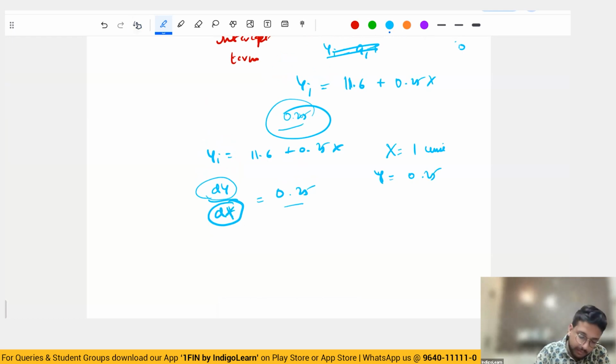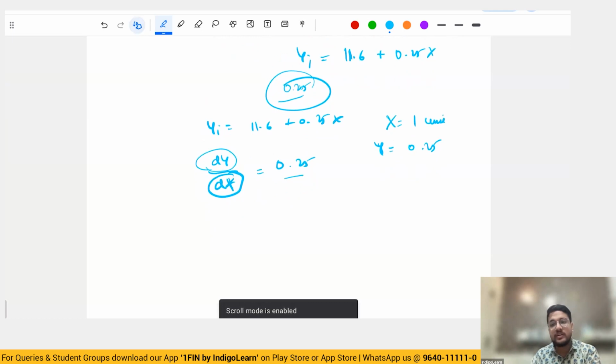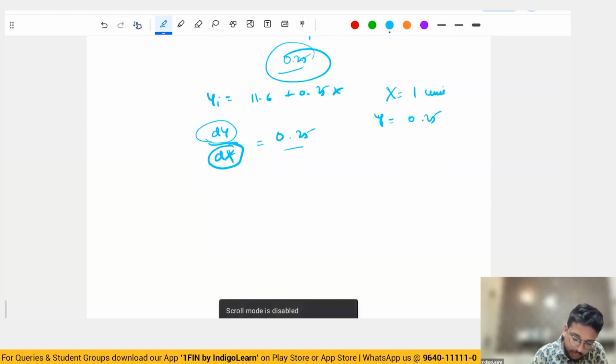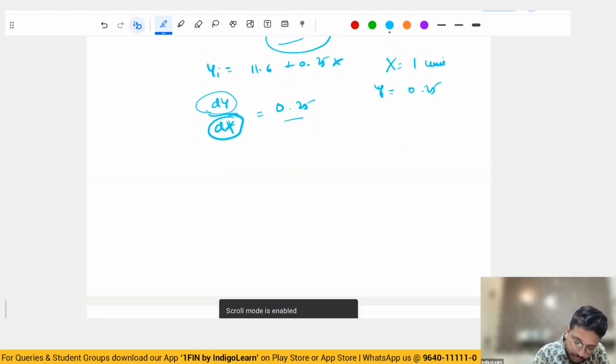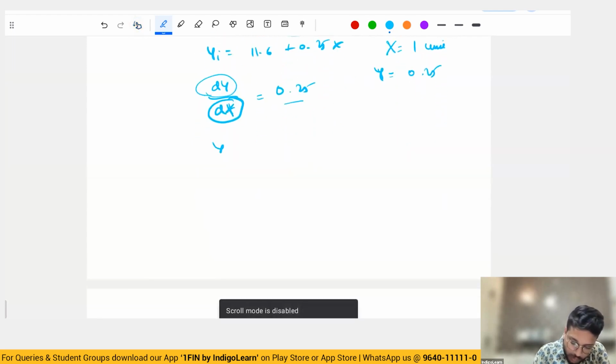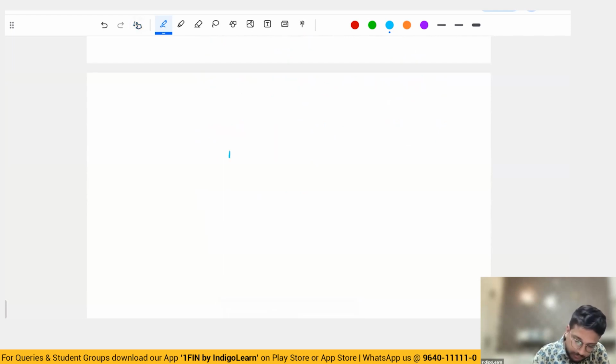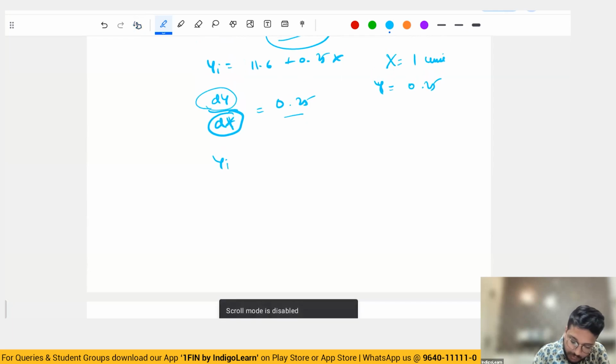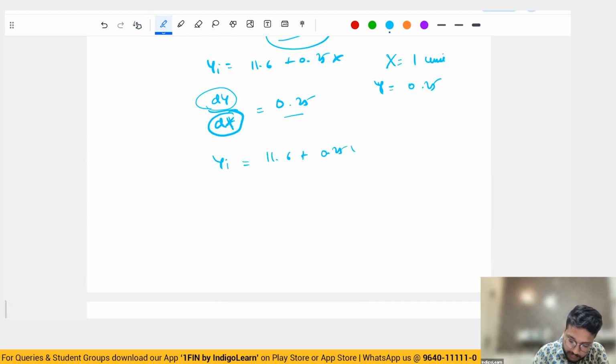Let's see how it is happening. Let's take some values of x, let's take 1 and 2. Do you have a calculator handy with you? Okay. I want you to do a few calculations for me. yi equals 11.6 plus 0.25x.